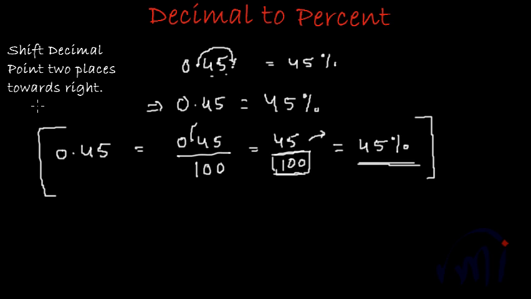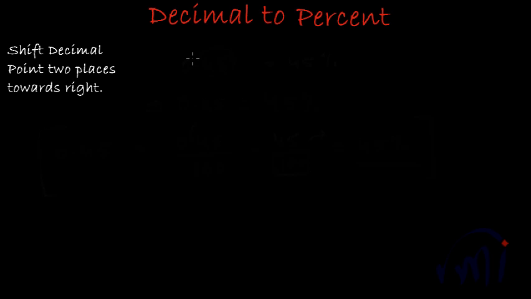So let's take one more example. Let me remove this, and this time let us convert 0.0625 into percent. As per this procedure, what do I have to do? I have to shift this decimal point 2 places towards its right.